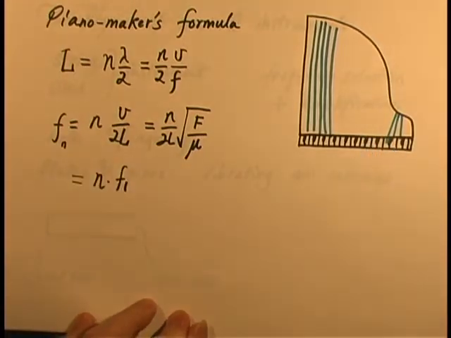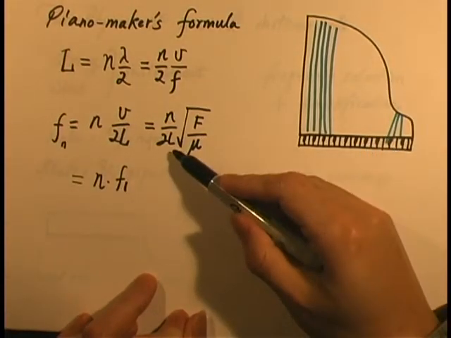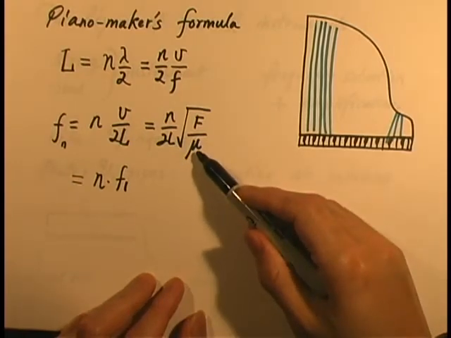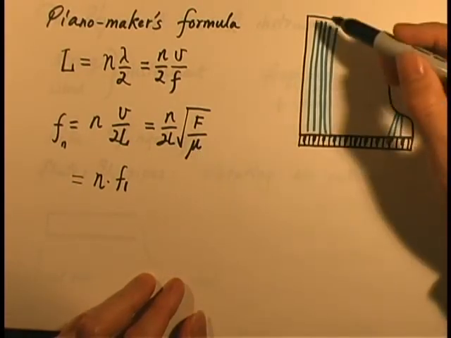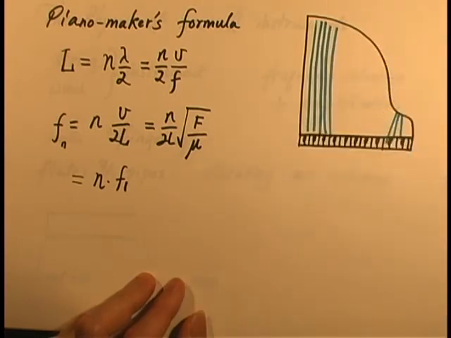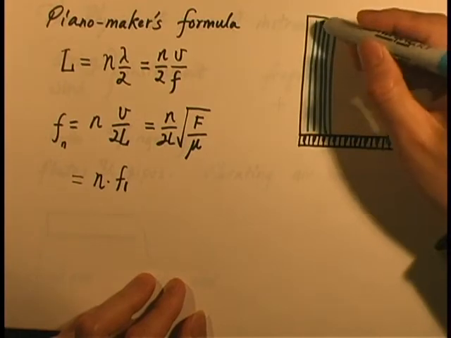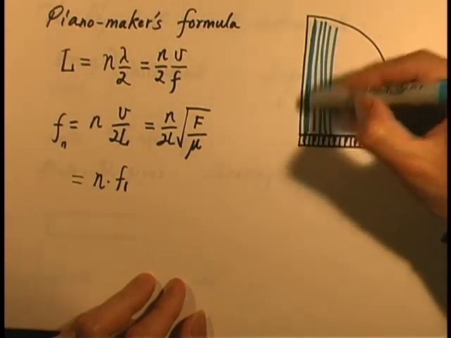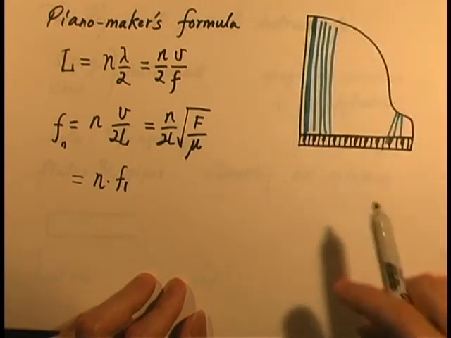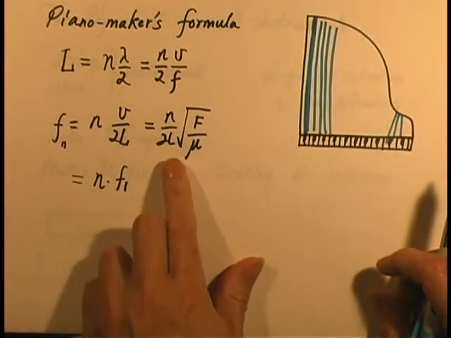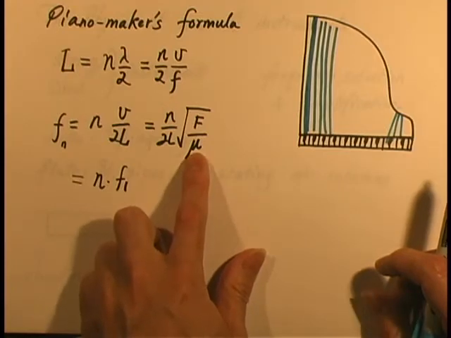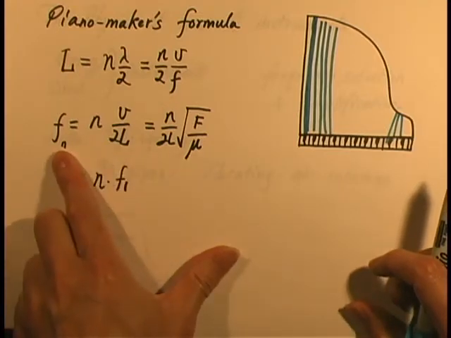Now, our piano maker not only changes the length of the string, he can also change mu, in other words, what kind of material is being used for these strings. If you open up the case of a grand piano, you will see that the strings on that side are not only longer, but they also appear to be thicker. That makes sense because you don't just want a large L, you also want a greater value of mu to further reduce the frequency.